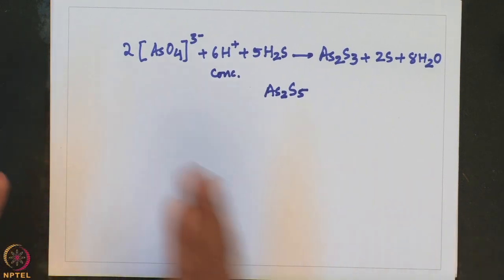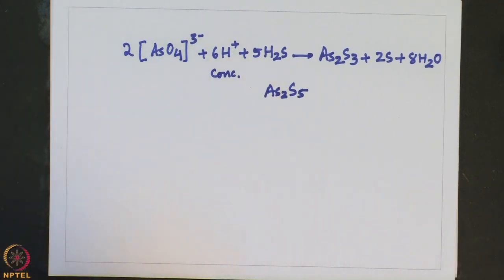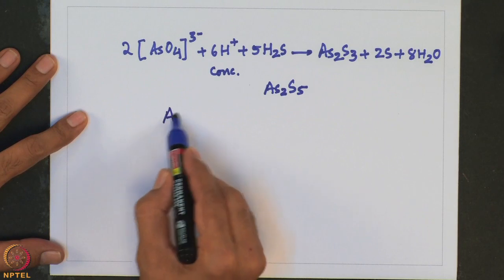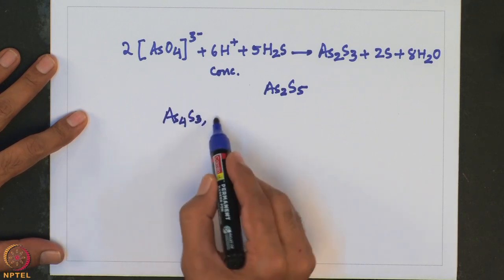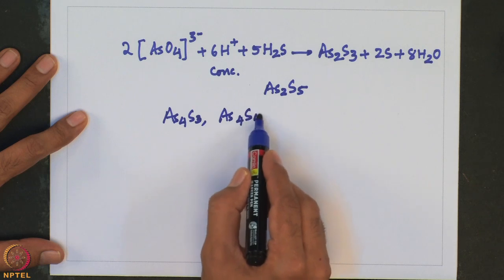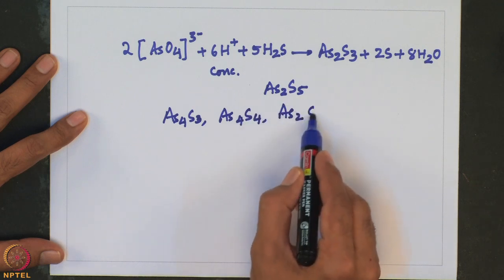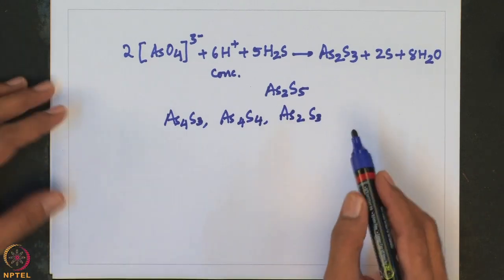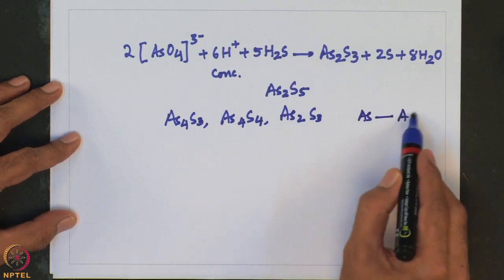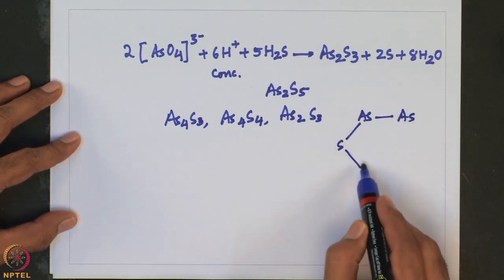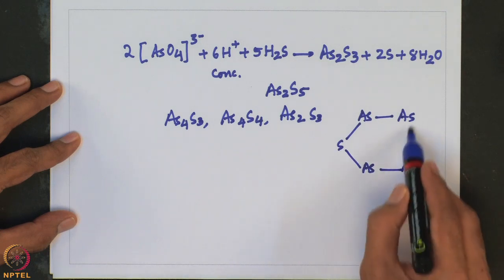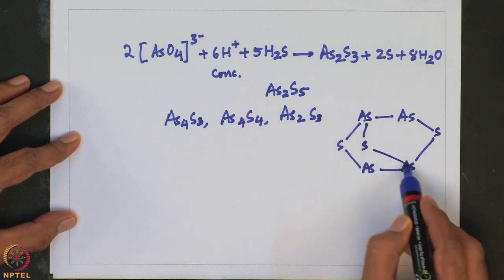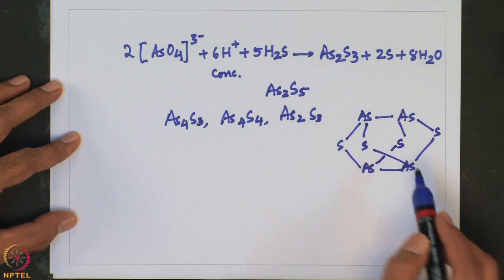The sulfides of arsenic such as As4S3, As4S4, and As2S3 occur naturally. Let me show you the structure of As4S4.